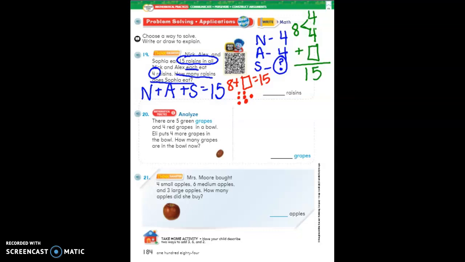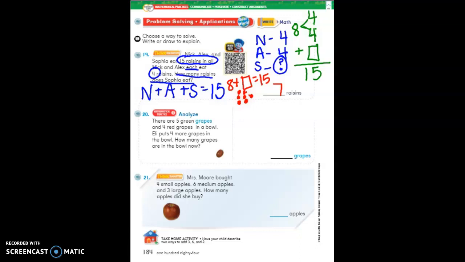So I counted up from 8 to 15. So then I drew little dots there. So 8, 9, 10, 11, 12, 13, 14, 15. And we can count our dots. 1, 2, 3, 4, 5, 6, 7. So 7 raisins is how many raisins that Sophia ate.